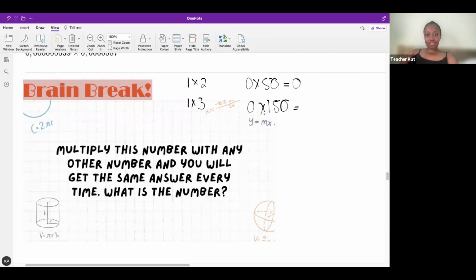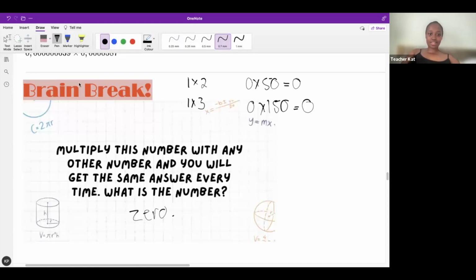What is the answer for 0 times 150? 0. So our answer is beautiful. The answer is 0. No matter what you multiply it with, you will always get the same answer.